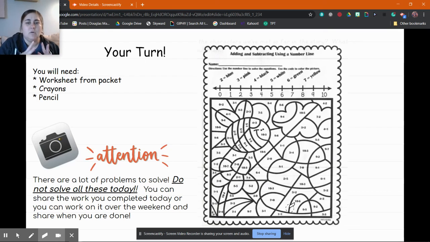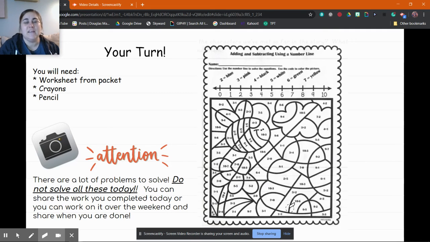You can share with me today the one part that you complete, or if you would like to take a couple days or through the weekend to complete the entire picture and then send it to me, that is fine too. It is completely up to you. However, please do not sit down today and do this whole entire worksheet.